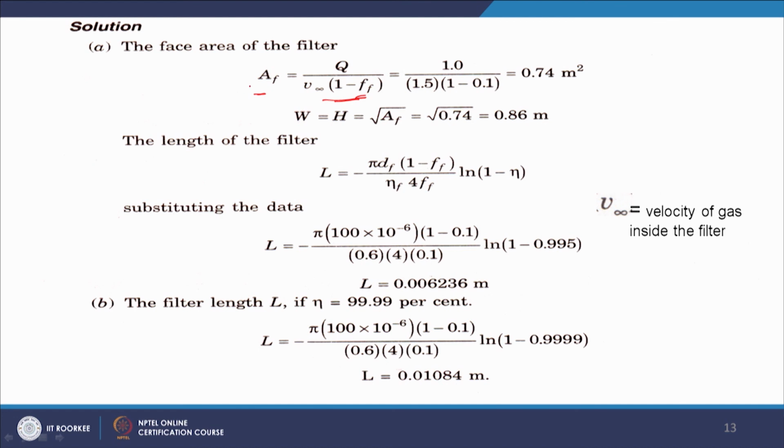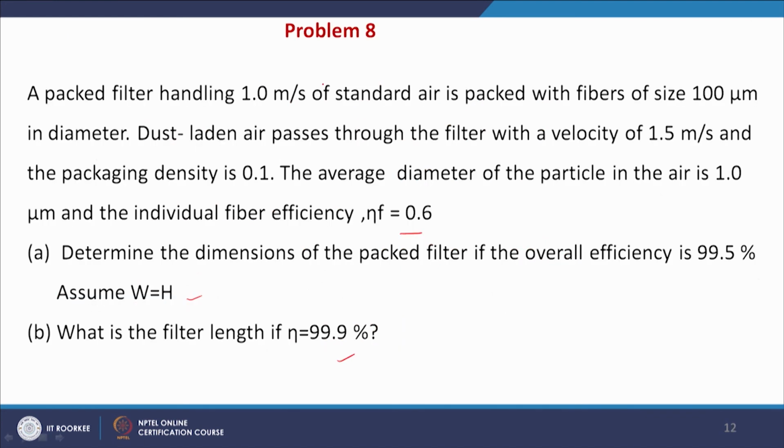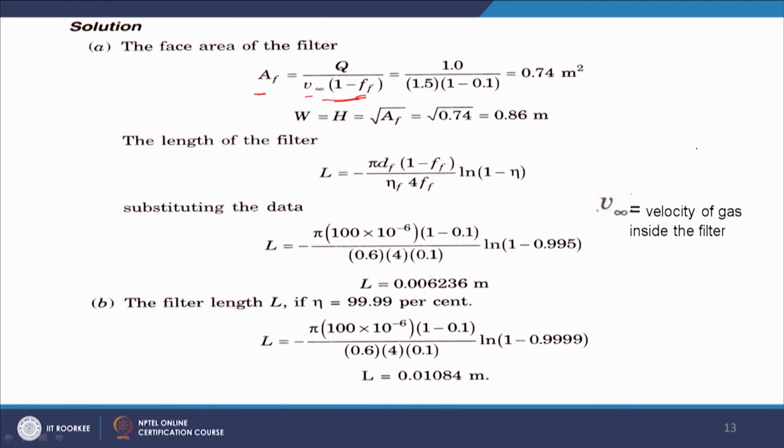If we multiply A f into 1 minus F f, that will be the cross sectional area free, not occupied by the fibers, through which the air will pass. So, multiply it by velocity, then that will be the volumetric flow rate. So, that is equal to 1 divided by 1.5, because this 1.5 meter per second is given as the velocity, into 1 minus 0.1. So, 0.74 meter square, we are getting the face area of the filter.